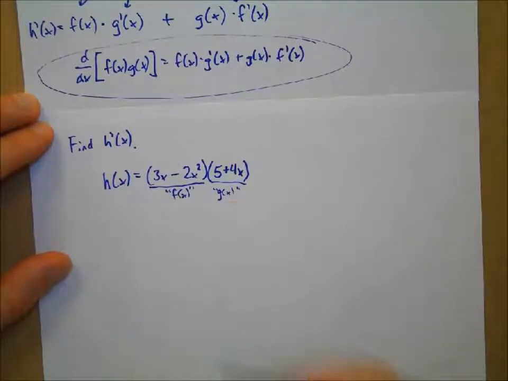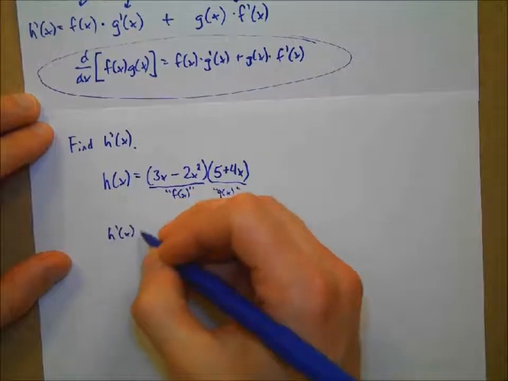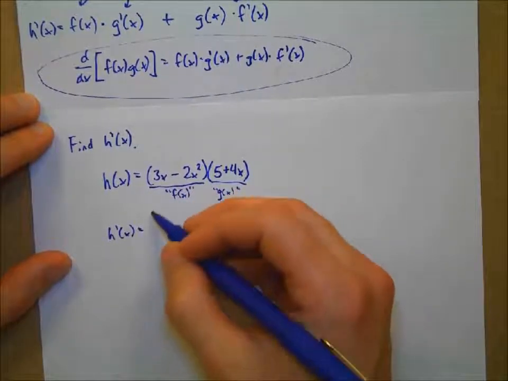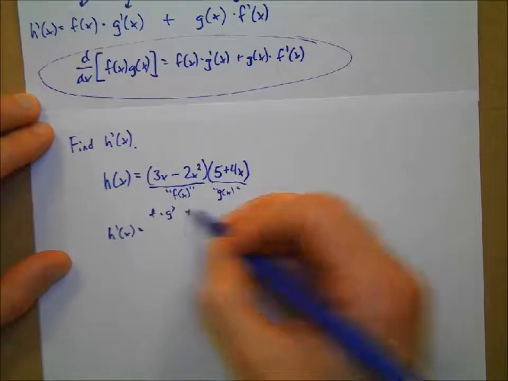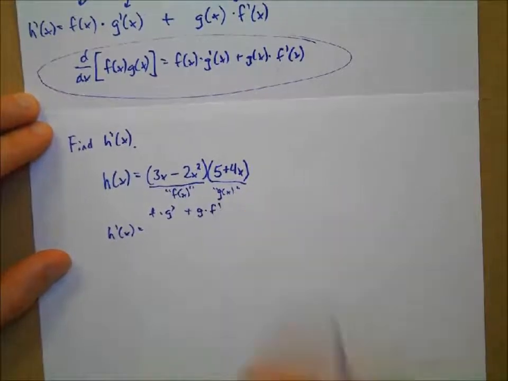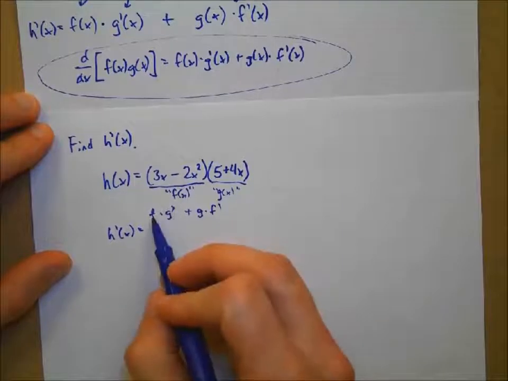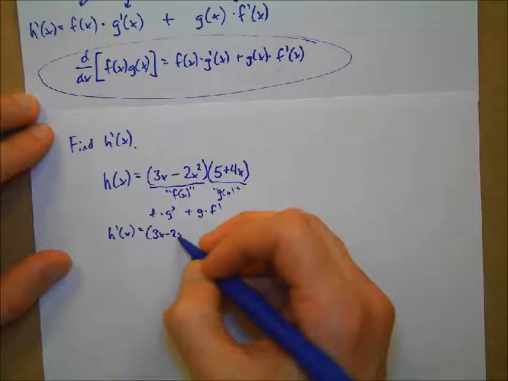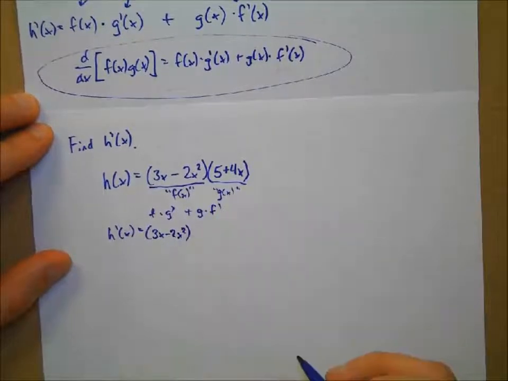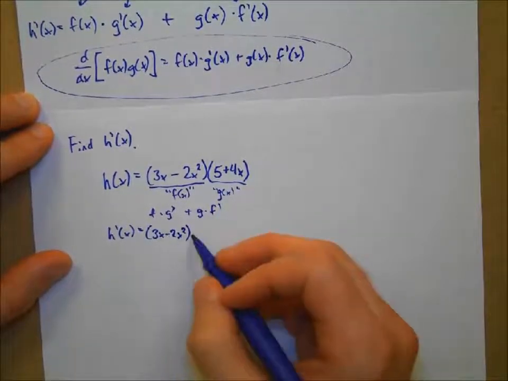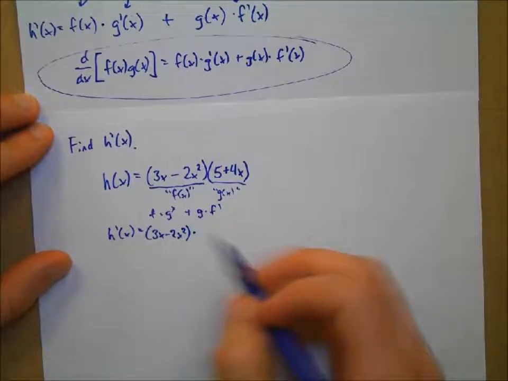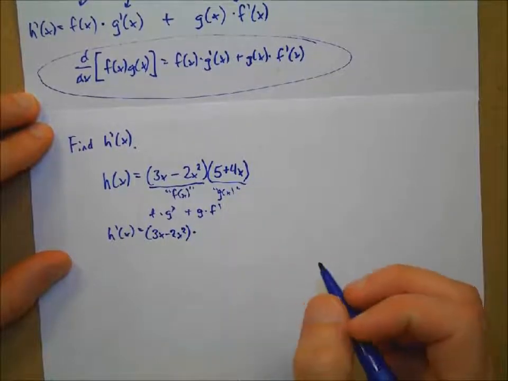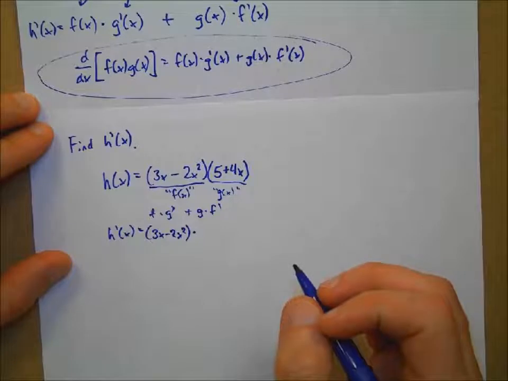So we know that h prime of x then is going to be f times g prime plus g times f prime, right? So f means that we keep that piece the same. So it's going to be 3x minus 2x squared, there's the f piece, times g prime. What's g prime? Four, just 4.